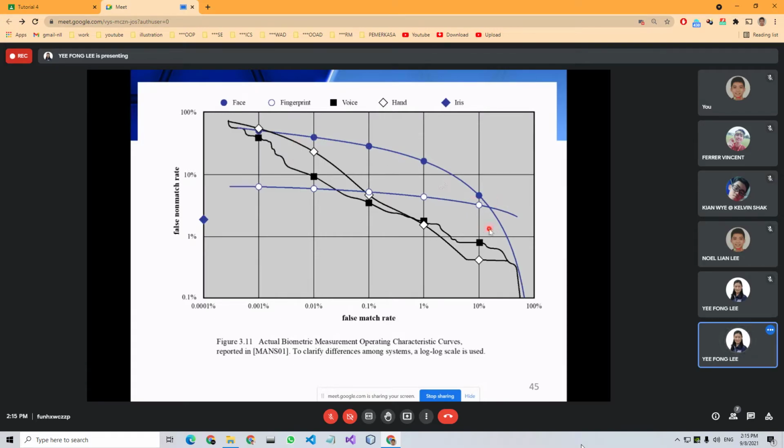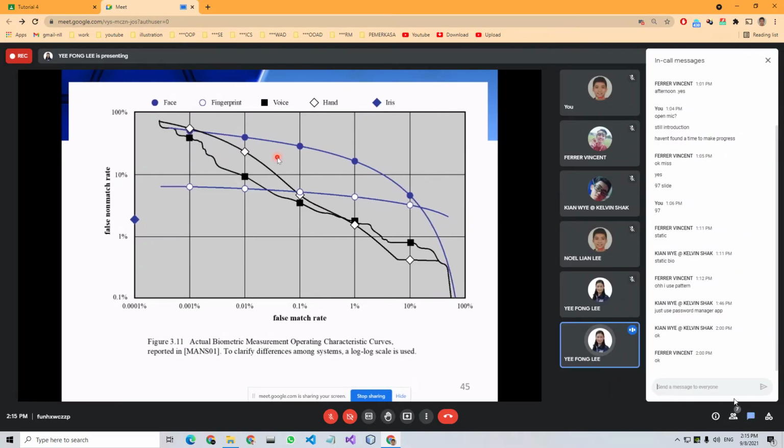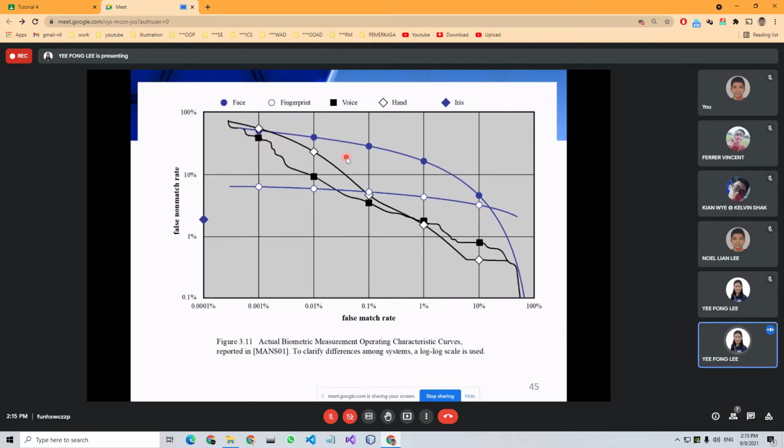The highest level is face recognition. Why is face recognition the worst performance? Can our face features change? Yes, they can. That's why it has the highest false match rate, that must be the reason. What do you think? Why is face geometry or face biometric the worst, with the highest false match rate?